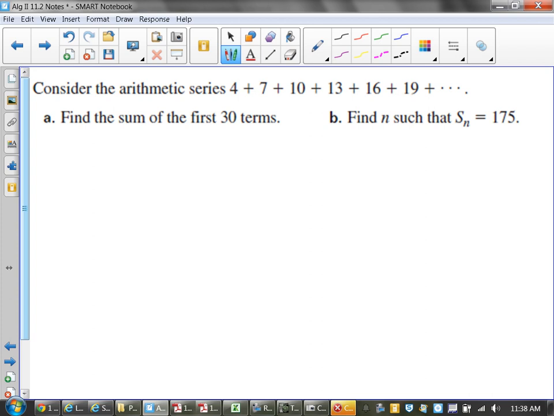It's just a matter of making sure you can substitute into a formula correctly. So if I want to find the sum of the first 30 terms, I'm working with the sum formula. So I know that the sum of however many is that times the first term plus a sub n, over 2.